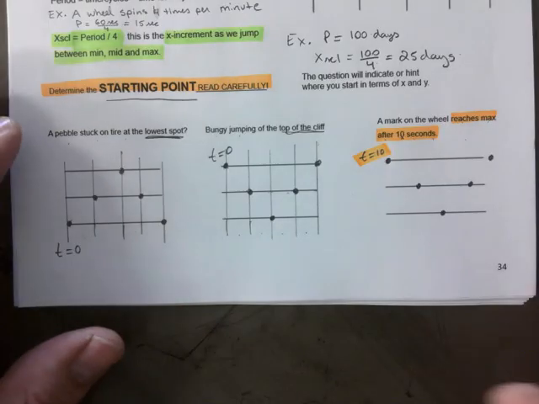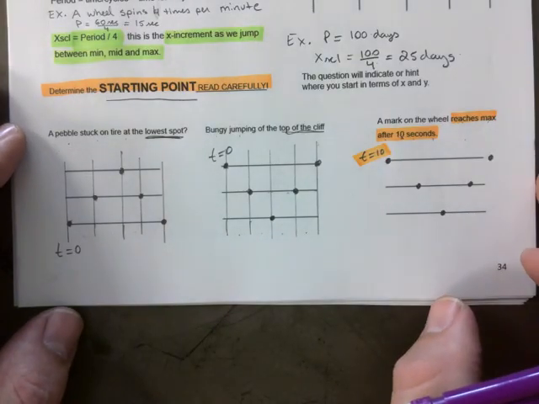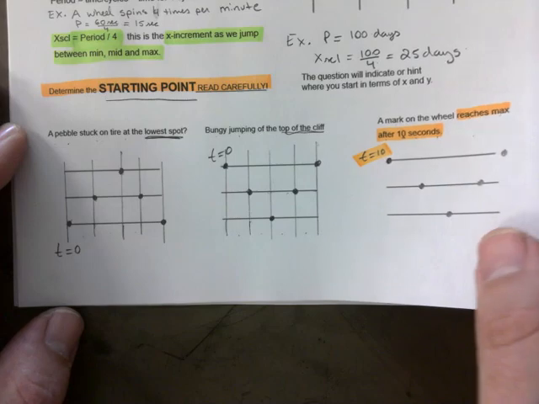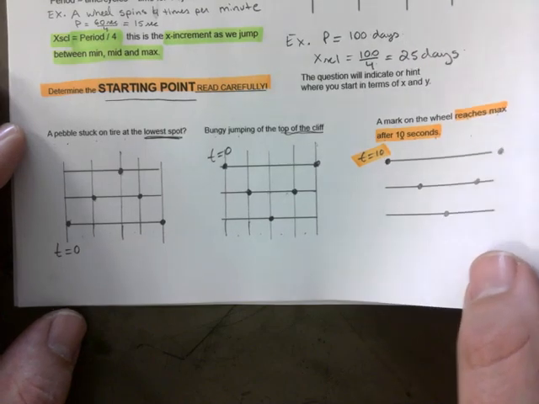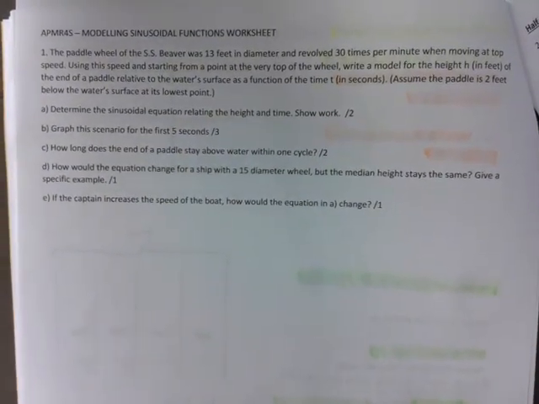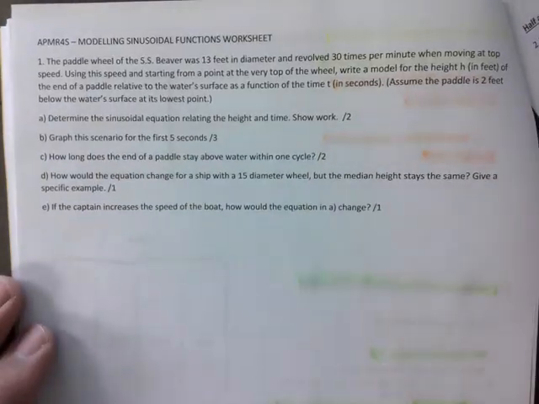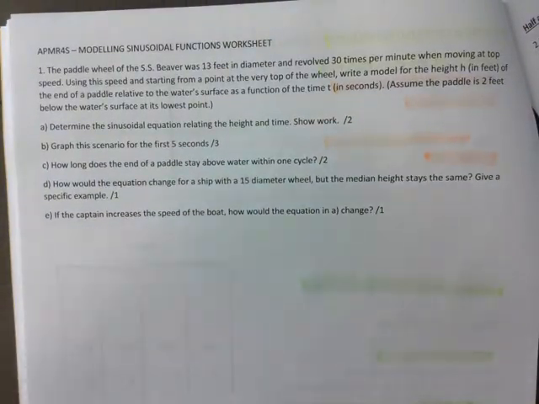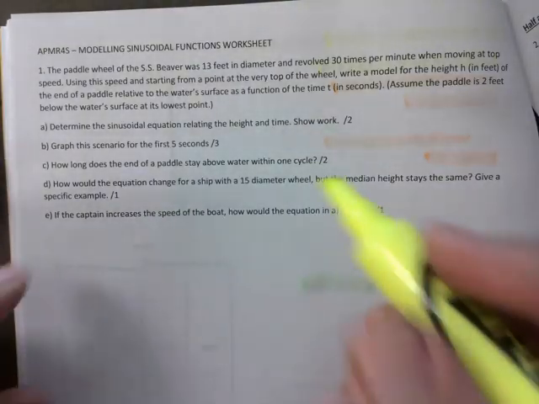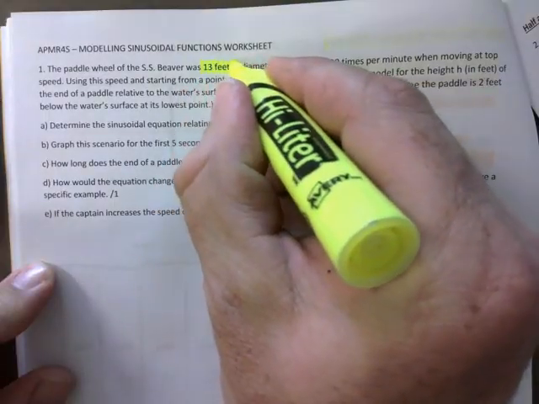So here we are. Let's do our first example together. The paddle wheel on the SS Beaver has a 13 feet in diameter.